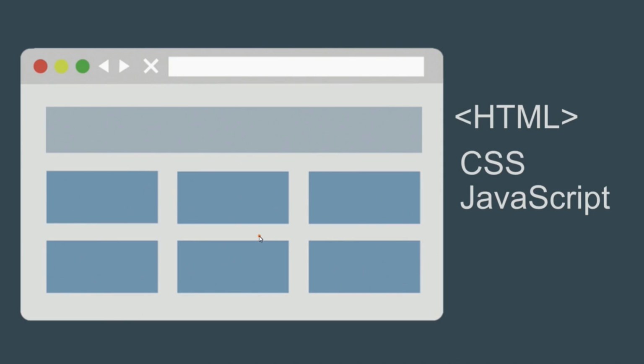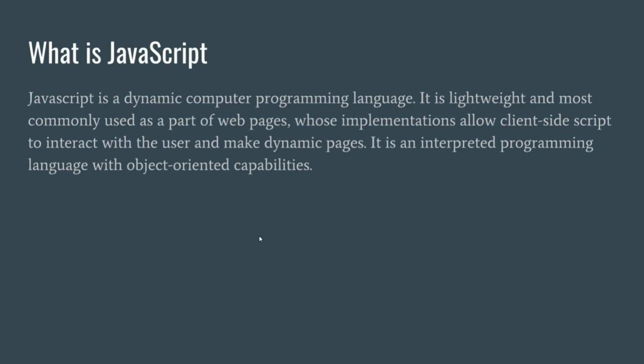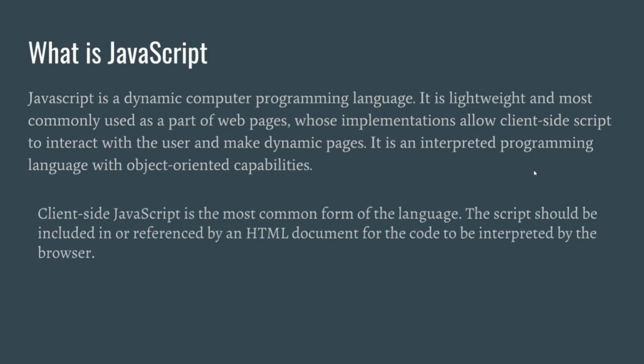JavaScript is a dynamic computer language. It is lightweight and most commonly used as a part of the web page, whose implementations allow client-side script to interact with the user to make dynamic pages. JavaScript has object-oriented capabilities as well. Let's talk about client-side JavaScript. Client-side JavaScript is the most common form of the language.